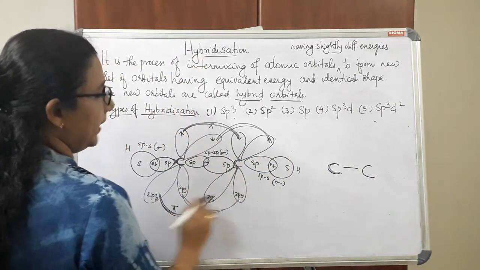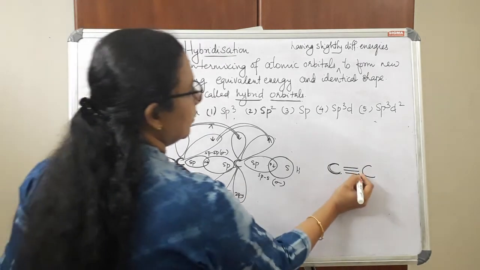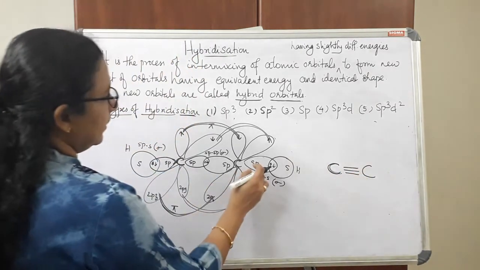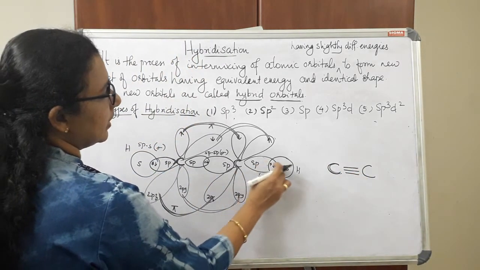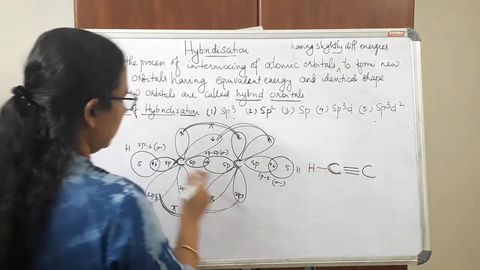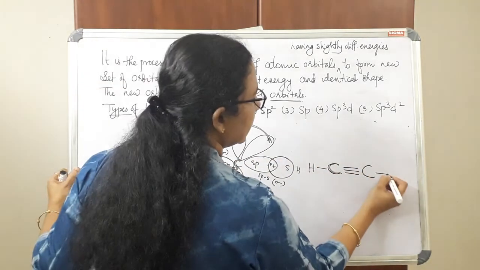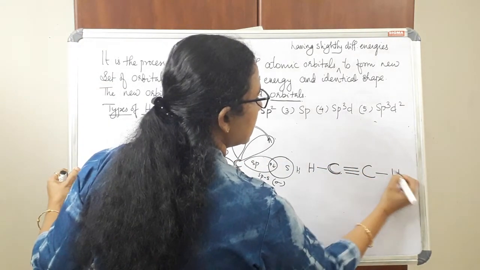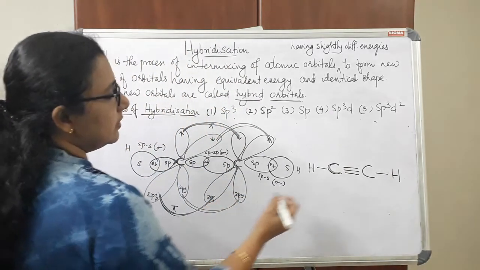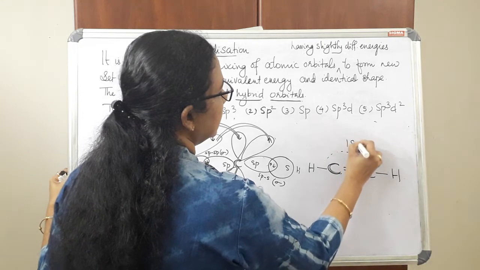Then two pi bonds are there, so we can draw a triple bond. Now there is a sigma bond with the hydrogen atom, so it is a single bond. Here also there is a sigma bond with the hydrogen atom, so it is also a single bond. And the bond angle will be 180 degrees.